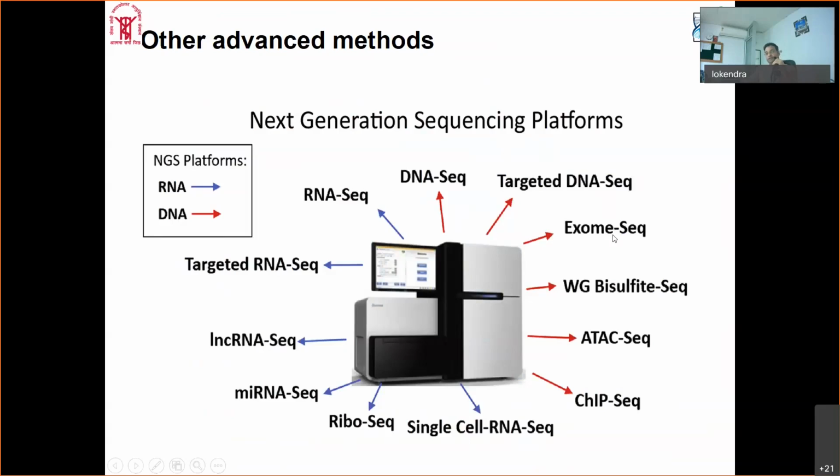These NGS applications are generally used in research, and some are used in clinical diagnostics, genetic testing, or giving you more genetic information from a disease perspective or about healthy conditions.